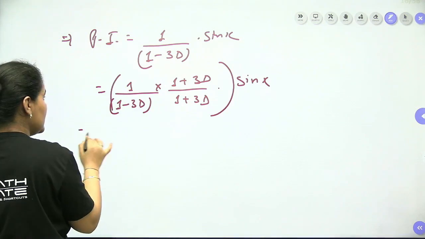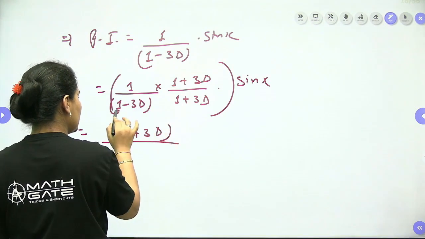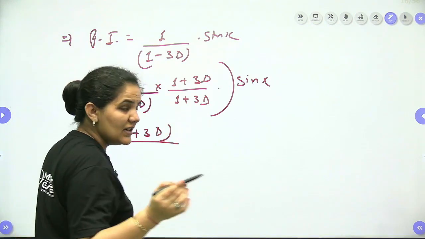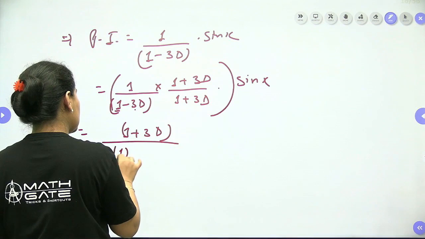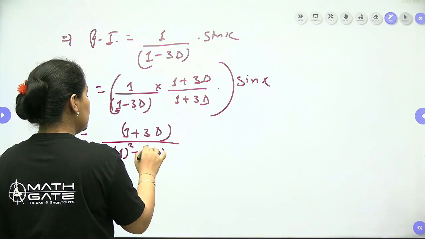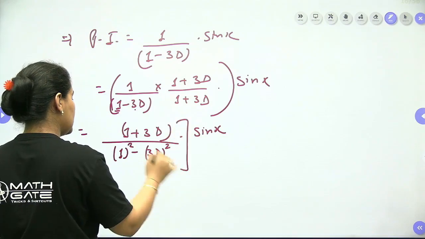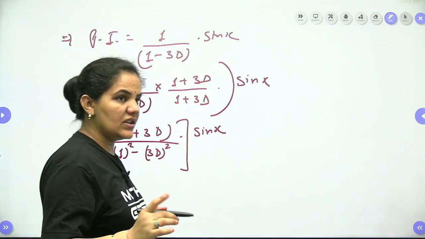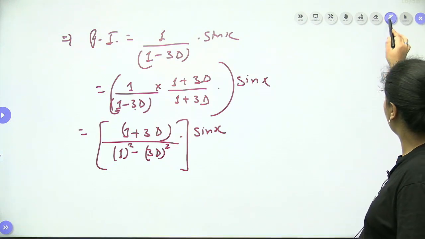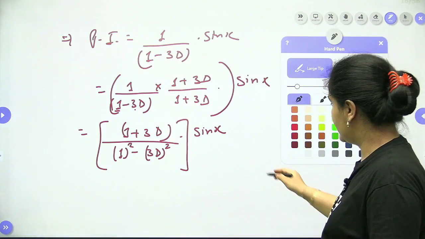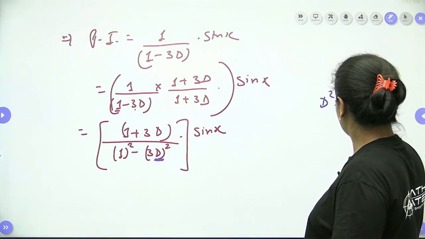As we know very well, a minus b and a plus b gives a square minus b square. So it will be 1 square minus 3D square, into sin x. Now again, in place of D square, we can write minus 1.